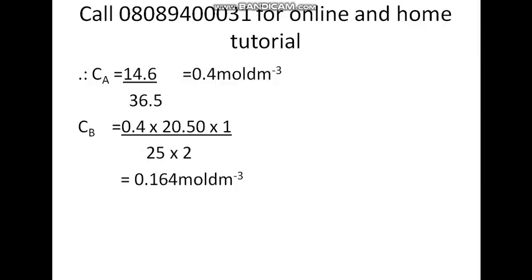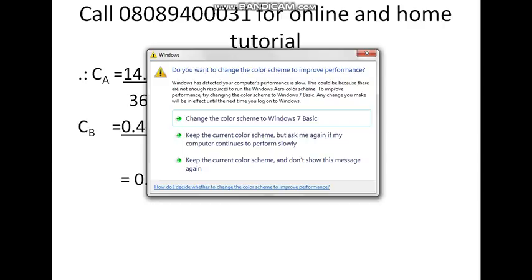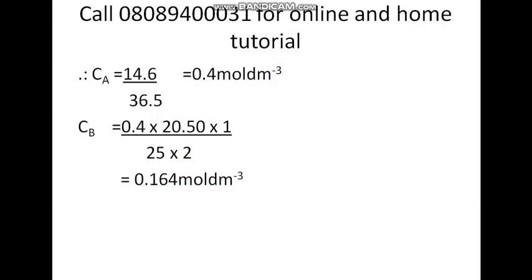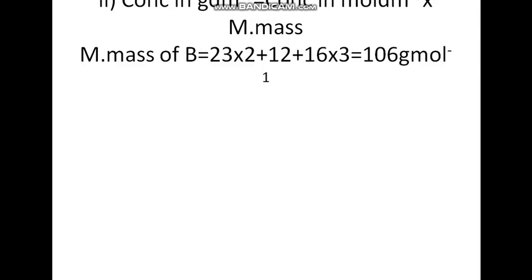Question 2 on the tutorial board is the calculation of concentration of B in gram per dm cube. Concentration of B in gram per dm cube is calculated using the formula concentration of B in mole per dm cube multiplied by molar mass of B. The molar mass of B on the tutorial board is calculated as follows: 23 times 2 for sodium, plus 12 times 1 for carbon, plus 16 times 3 for oxygen, and that gives us 106 gram per mole.